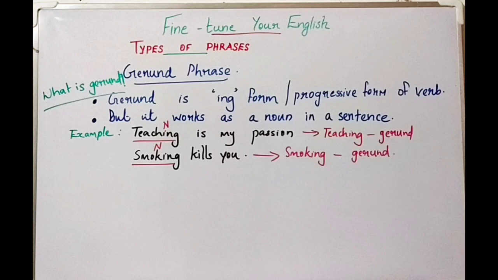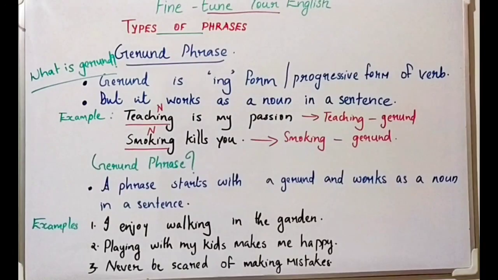Here also smoking in appearance seems like a verb, but in function it's a noun. And we can see it's the subject of the sentence. What we speak about in the sentence is smoking. So here we can understand a gerund is a word that in form appears like a verb, but in function it is a noun.